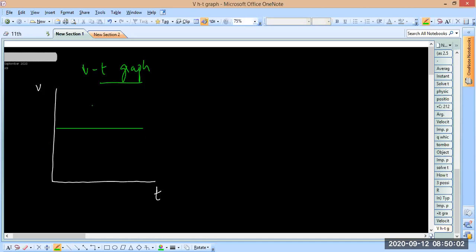Okay, what does that mean? We'll talk about it. Don't worry. And let's say this velocity is 5 meter per second. Here is origin. 1 second time, 2 second time, 3 second time, and let's say 4 seconds. So do you realize that here the velocity is always 5 meter per second? That is, it is constant.